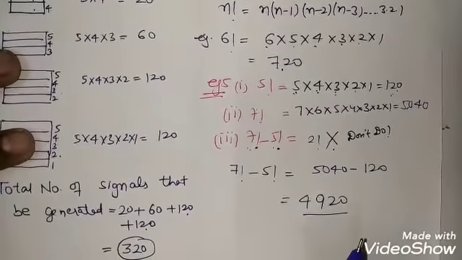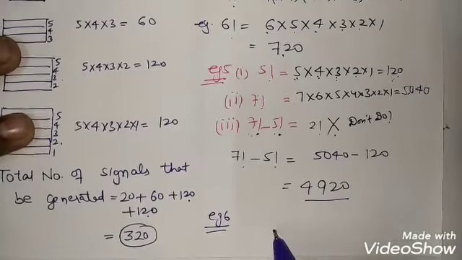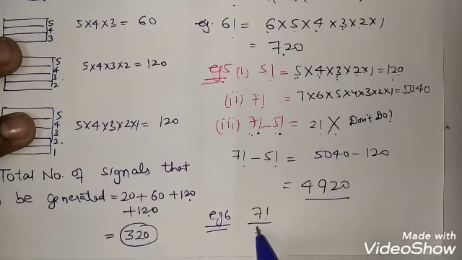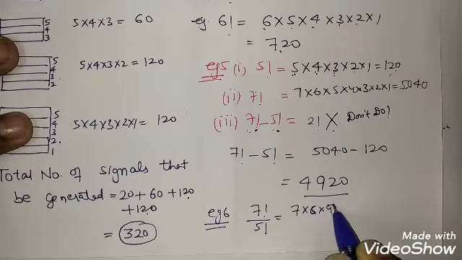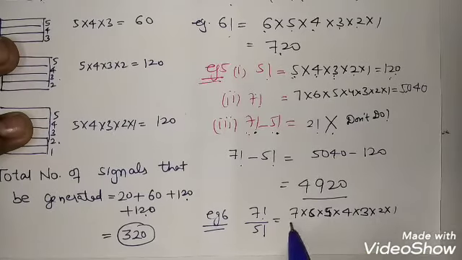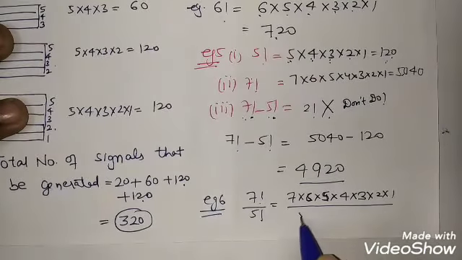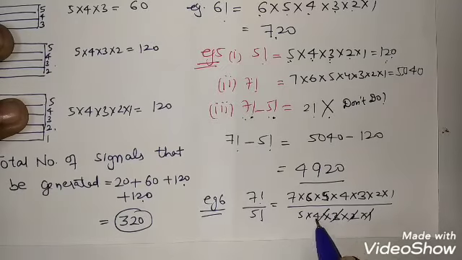Now, if we are doing example number 6, we are doing 7 factorial upon 5 factorial. Some of you will do like 7 into 6 into 5 into 4 into 3 into 2 into 1 upon 5 into 4 into 3 into 2 into 1. So everything will be cancelled from here.